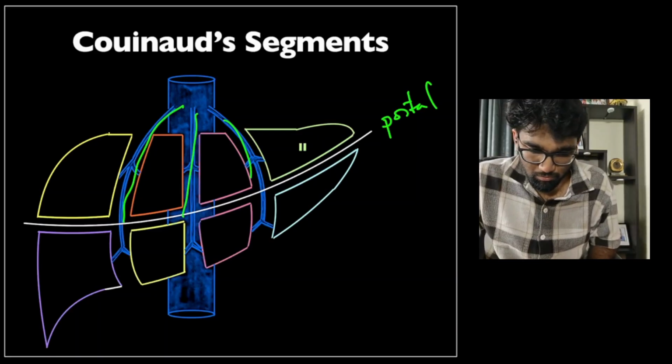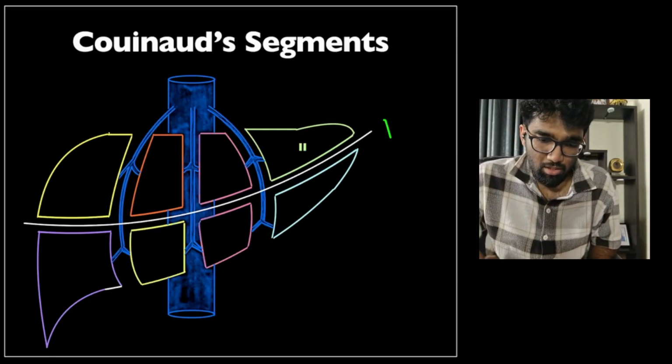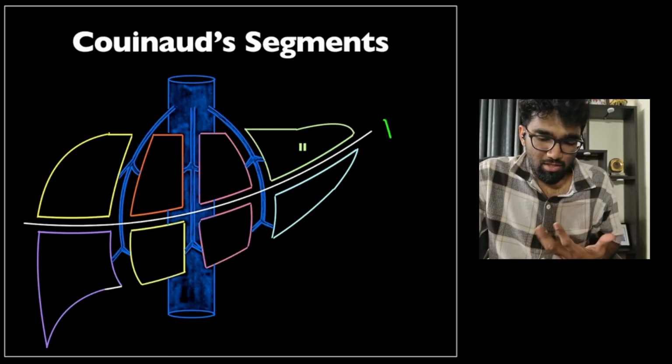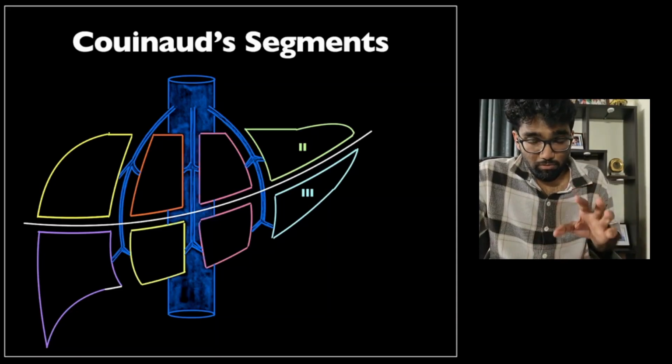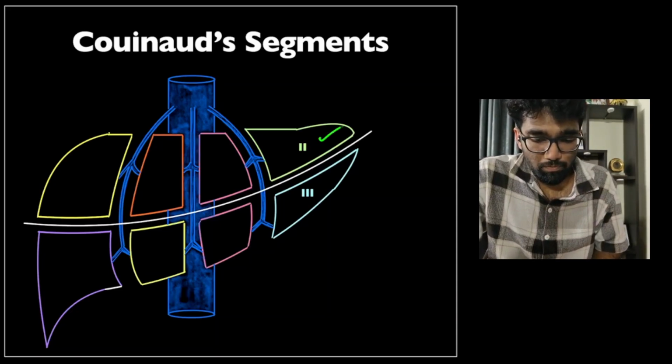Okay, so the segments are numbered in a clockwise direction when viewed from anterior. So this is segment 2, this is segment 3.